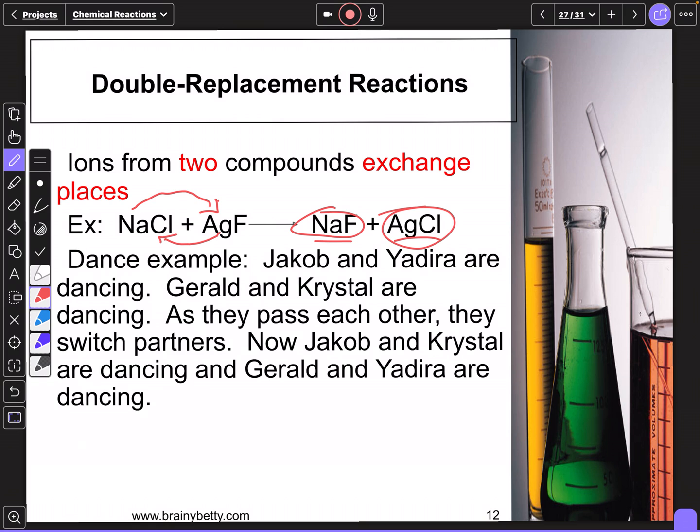And it's always in this form here. It's always compound plus compound on the left side, your reactants, and produces compound plus compound. Always two reactants, two products, they're all compounds.